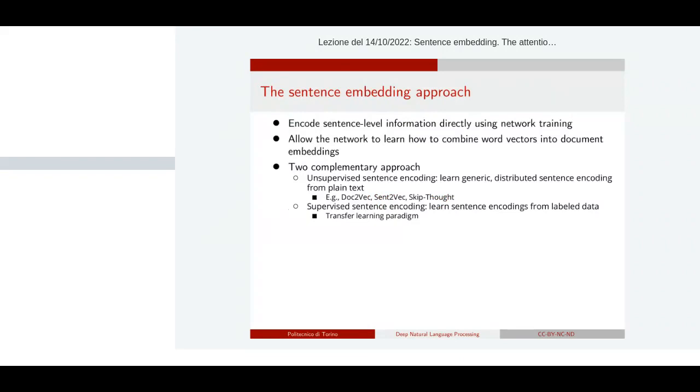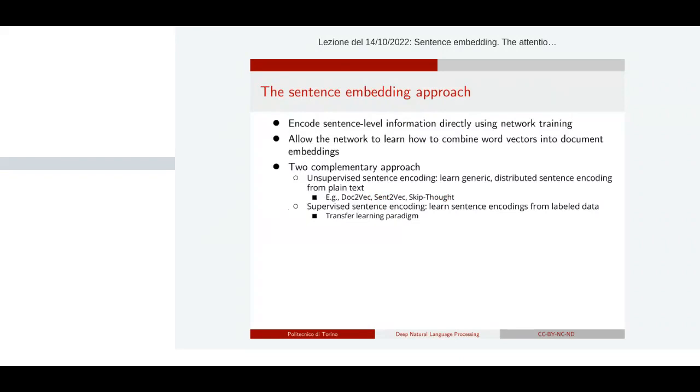But prior to moving to attention mechanism and contextualized embedding, let's focus on sentence level embeddings. The general approach we adopt is to directly train a sentence level representation. In some cases, the sentence level representation is trained jointly with the word level ones, whereas in some other cases you just focus on the sentence level granularity.